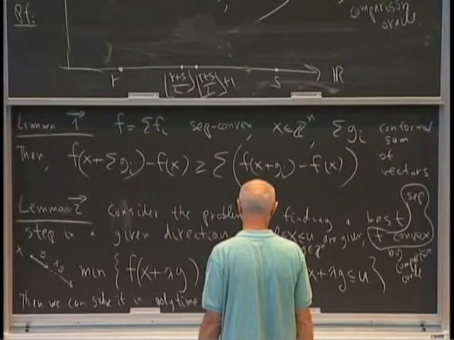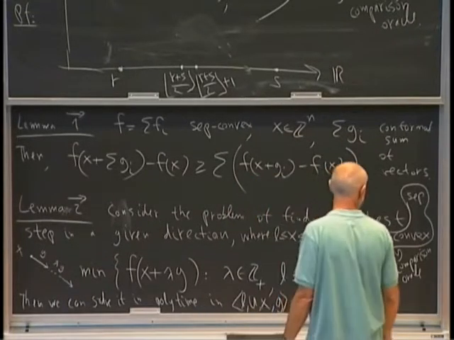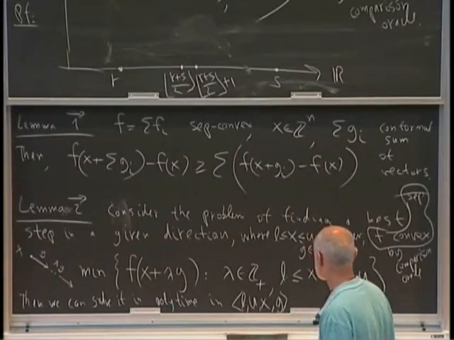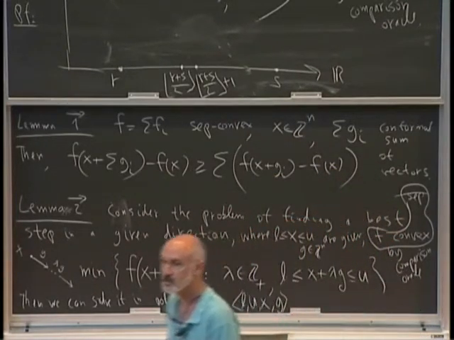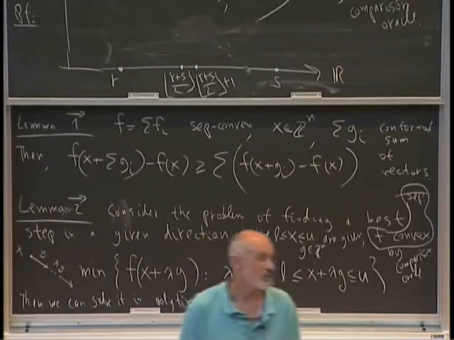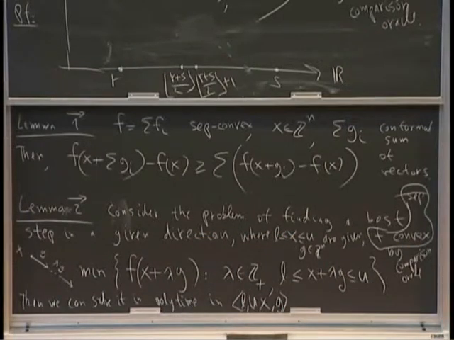Actually, yeah, you're right. I probably don't need it to be separable. Yeah, it doesn't matter. It's enough that it's convex. But anyway, we're going to use it eventually for separable convex functions. The univariate function is then convex, and we're fine.